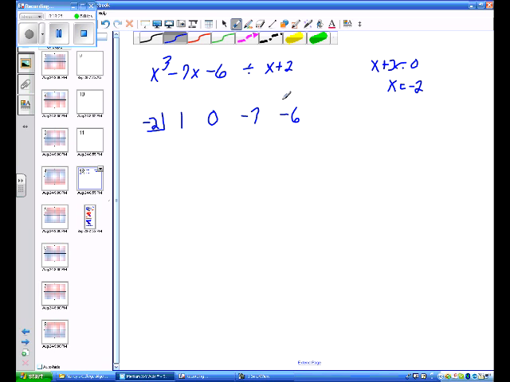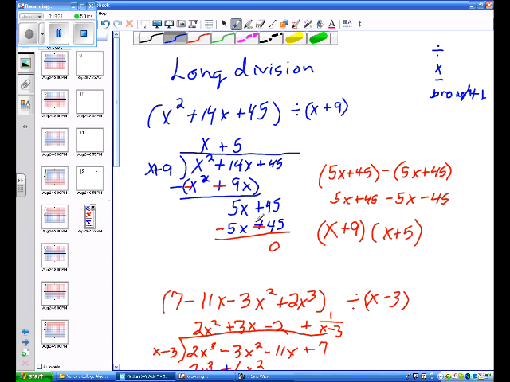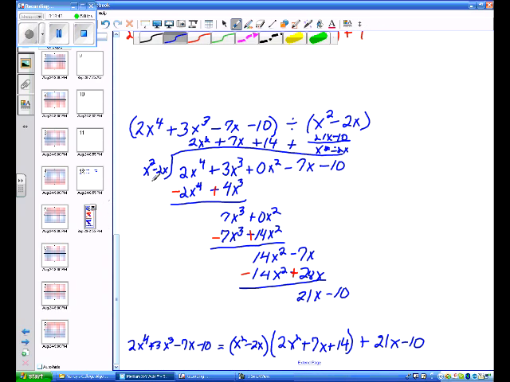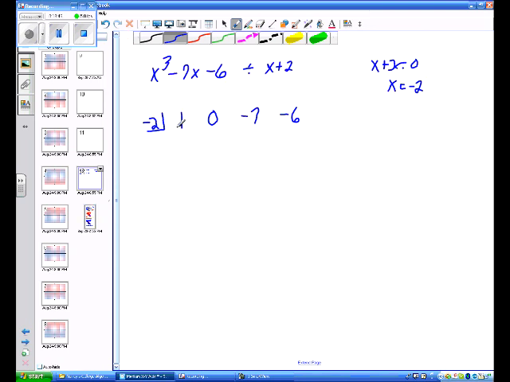One of the things that has to be true for synthetic division is that we can only use it if the divisor is x to the first. So that last problem that we did, where we had an x squared, we could not do by synthetic division. We would have to do it by long division. So there are uses for long division.